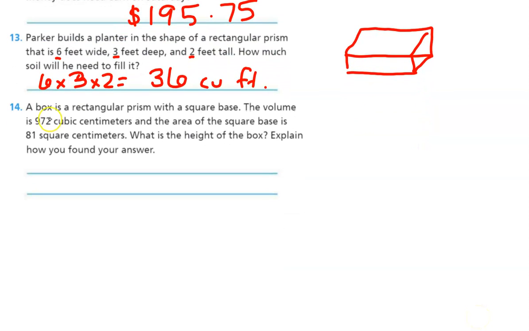And then finally for number 14, definitely another challenge one, but a little easier to explain in the time that I have. It says a box is a rectangular prism with a square base. So they're trying to show you that you have a square base. Something to notice about a square base, though, is that they are going to have the same dimensions, right? Because that's what makes something a square.